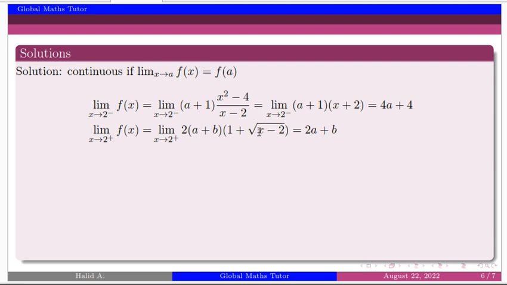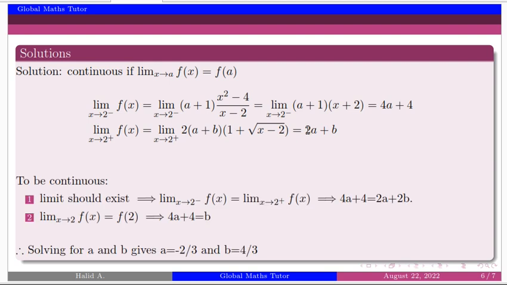When we substitute 2 from the positive side it will be a positive number, then 0.0001, as we did before, it is a radical, so it will be 0. 1 plus 0 is 1, so 1 times 2a plus b is the same as 2a plus 2b. This is 2b, sorry.